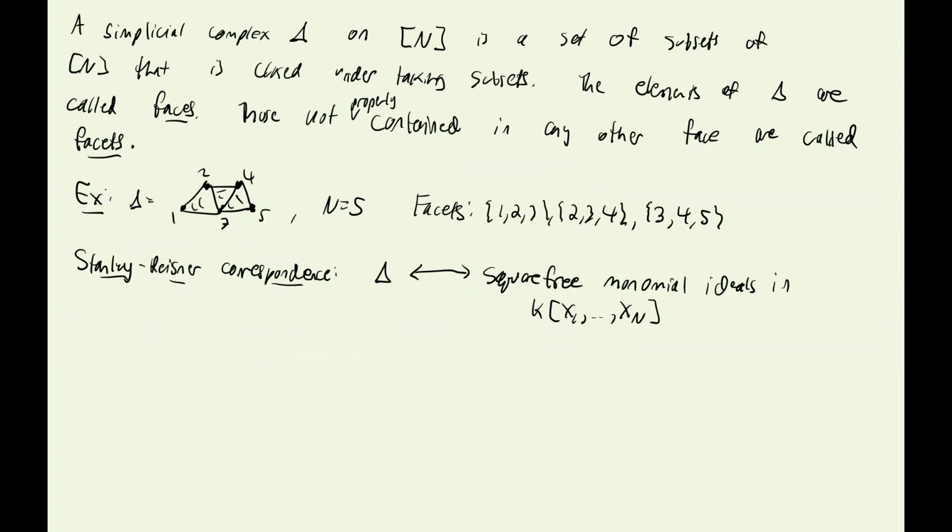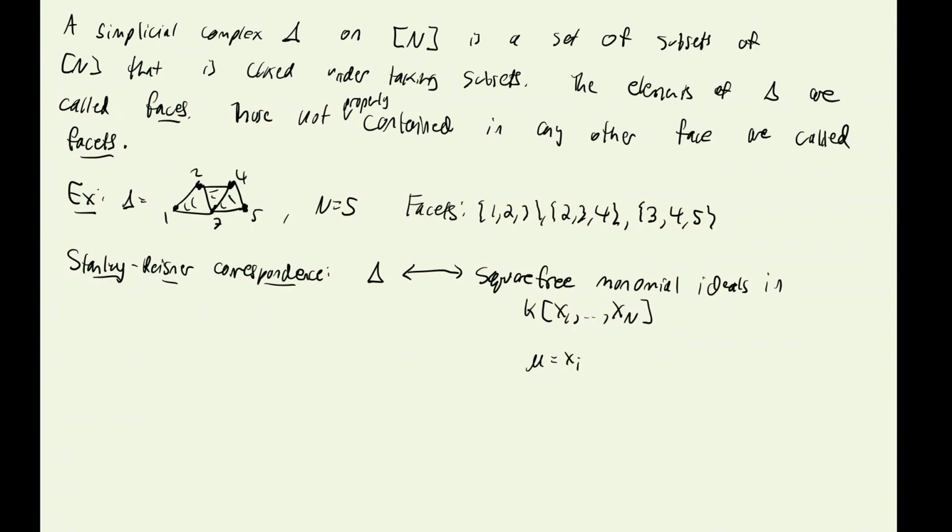And here's how the correspondence goes. If mu equals x_i1 up to x_it, so if this is in my square-free monomial ideal, then i1 up to it is not a face of delta.